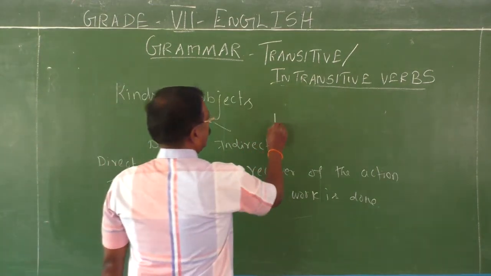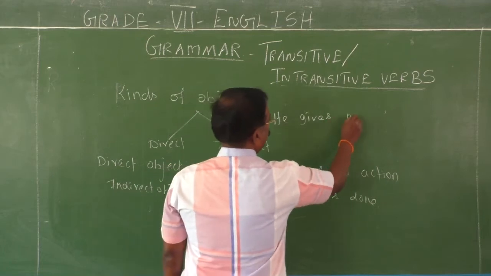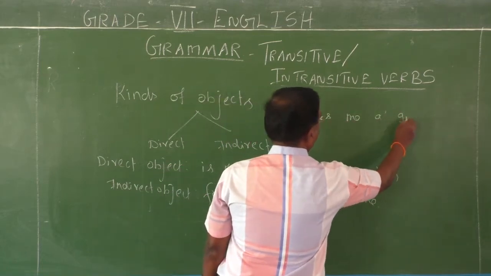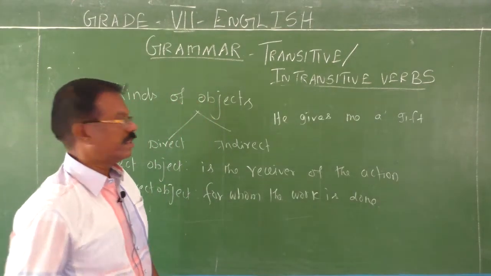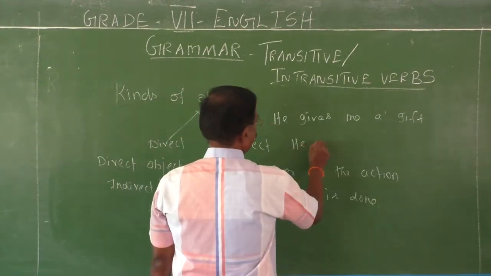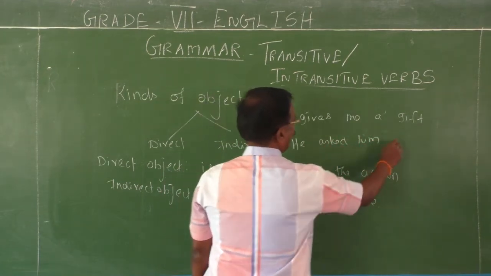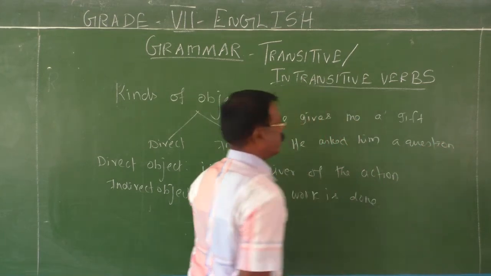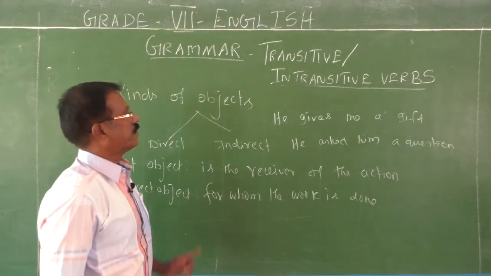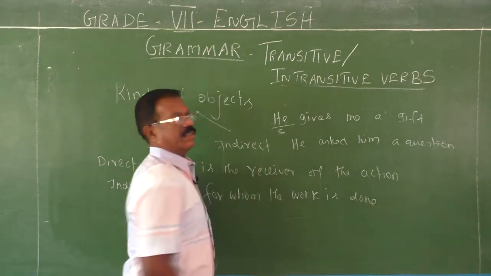See, he gives me a gift. He asked him a question. Now look, these two sentences, children. First one, he gives me a gift. He is a subject.